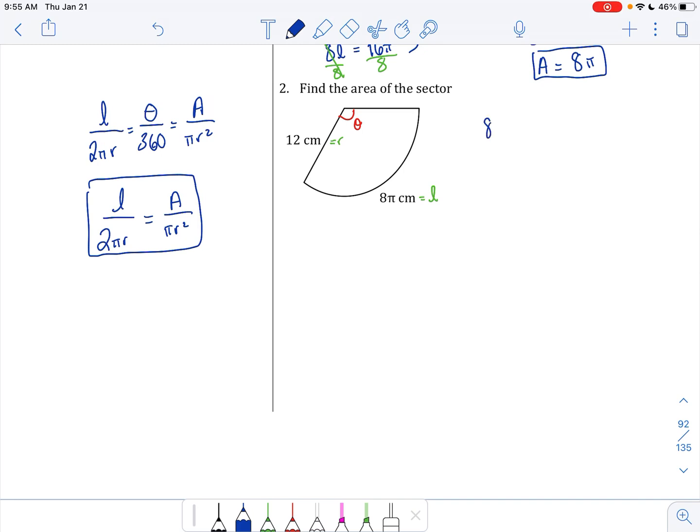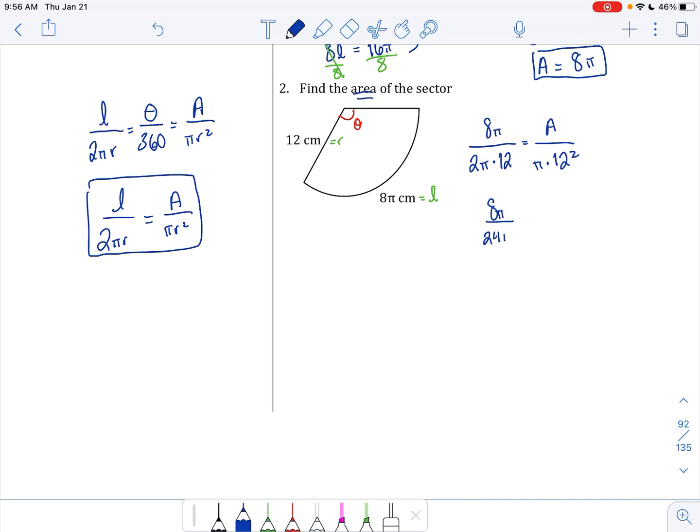I'm going to immediately jump to my arc length, which is 8 pi over 2 pi r, which is 12, is equal to area, which is the thing I want to find, over pi r squared. And as I said, r is 12. Now from there, I want to simplify.